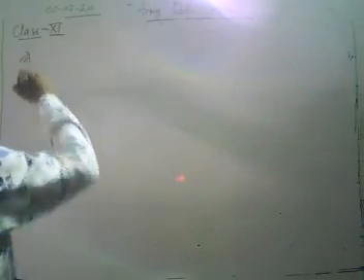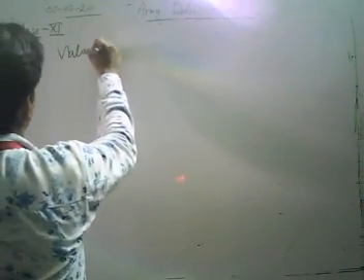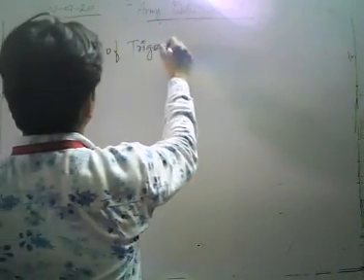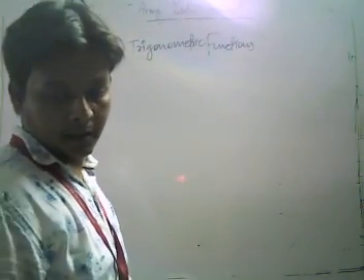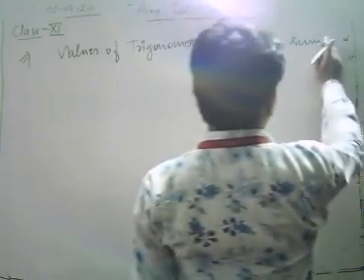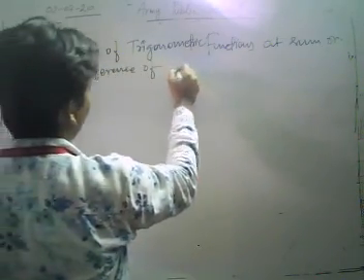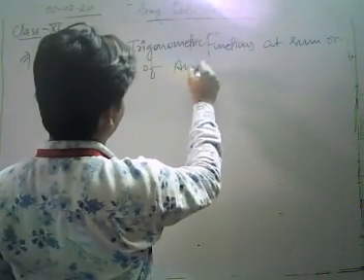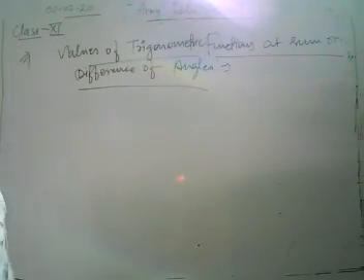Now we discuss another important set of identities on trigonometric functions, that is, values of trigonometric functions at sum or difference of angles.